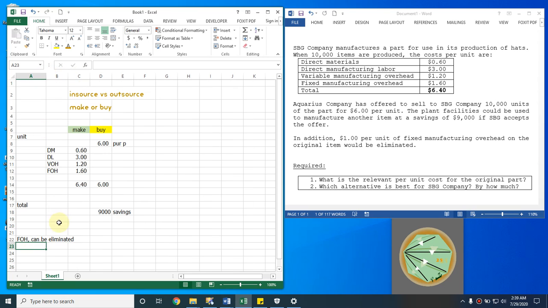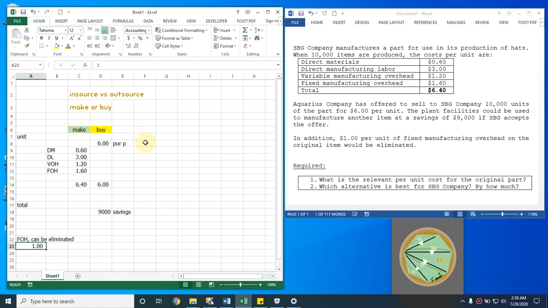So we will not assign it first as to which column it should belong, because we'll have that when we start the analysis of this make or buy decision.